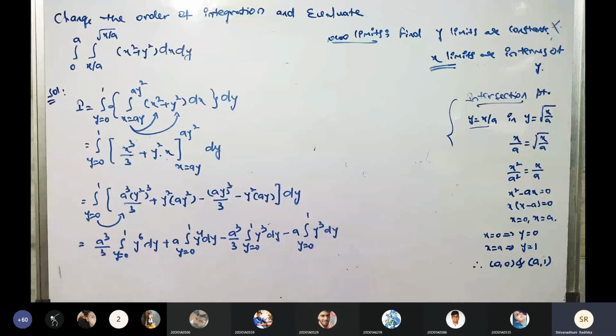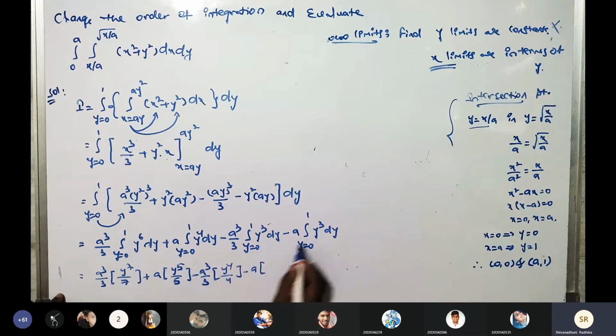So this is what we are getting. Now term by term we have to integrate. So a cube by 3 into y to the power of 6 is y to the power of 7 by 7, plus a into integration of y power 4, y power 5 by 5, clear, minus a cube by 3 integration of y cube, y power 4 by 4, minus a into integration of y cube, y power 4 by 4.